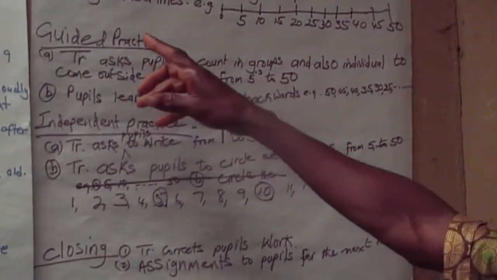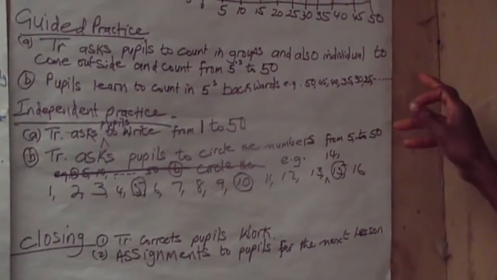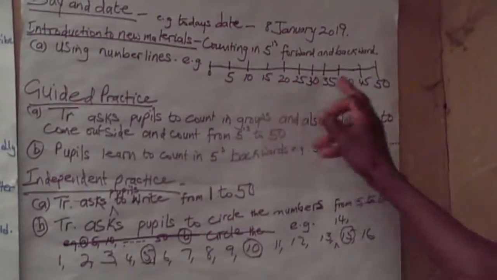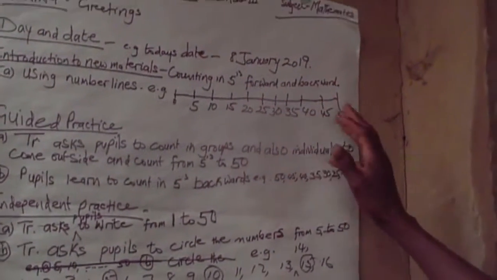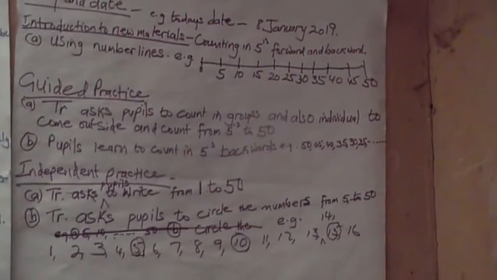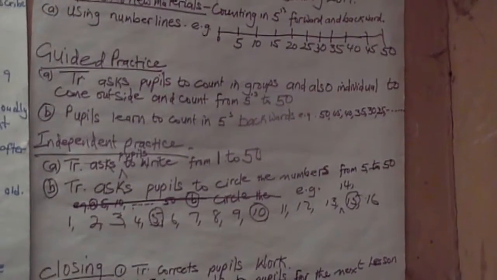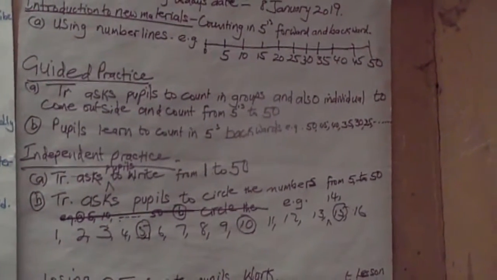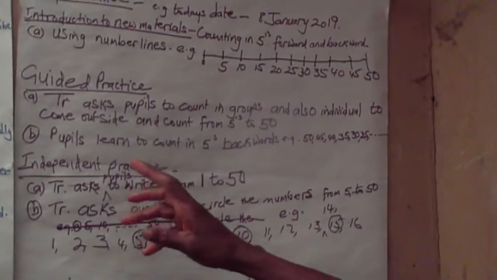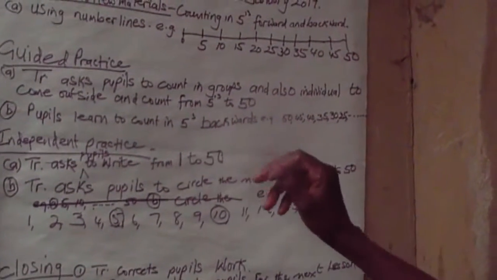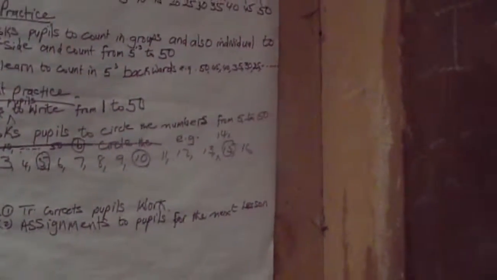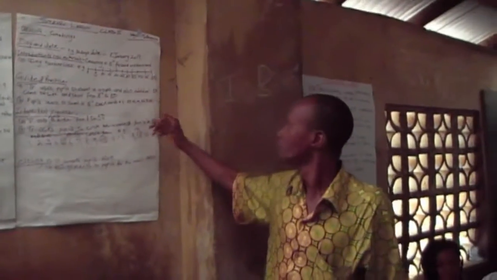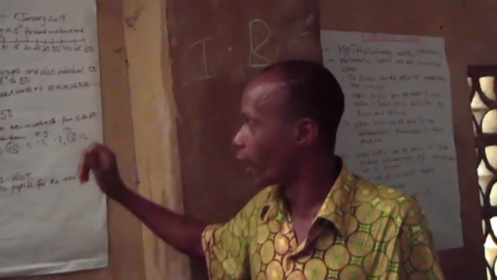First, you draw your number line on the board and you write these figures: 5, 10, 15, 20, 25, 30, and so on. Then the other step, you ask the pupils to read in groups, and also individually.